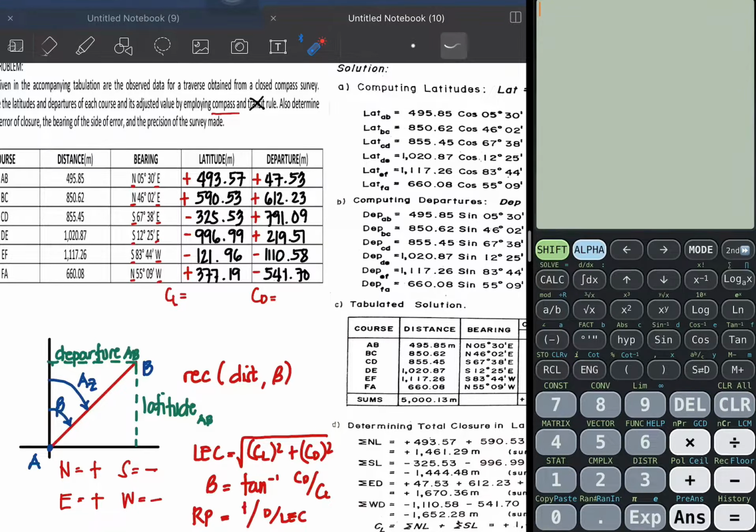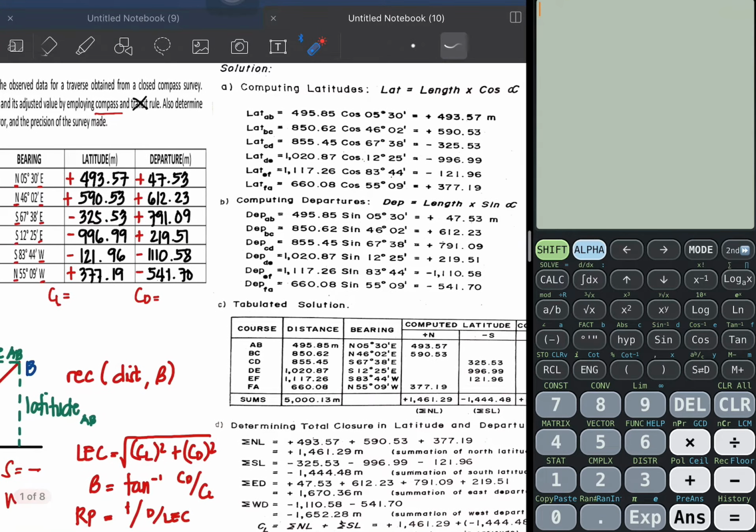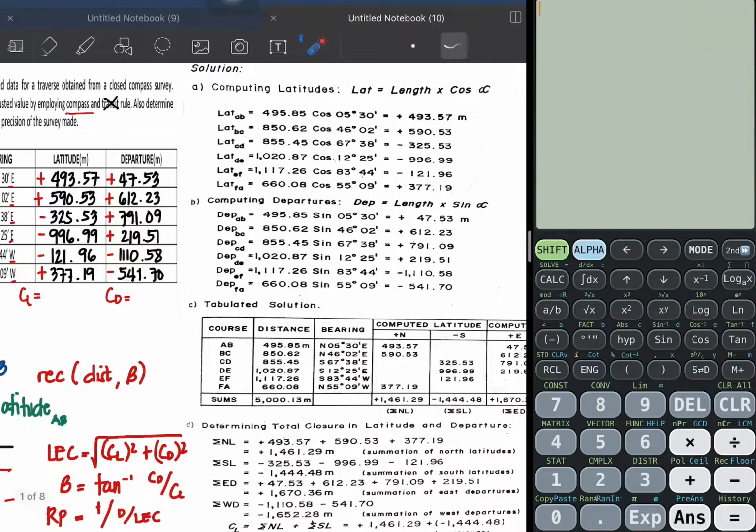So let's add positive 493.57. By the way, let's check first our answers using the formulas length times cosine or sine of the angle.